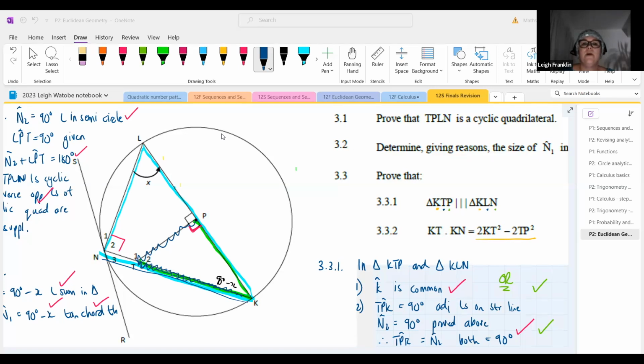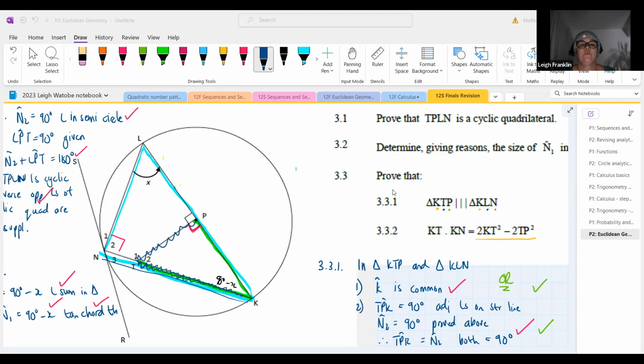All right, Swanaka. Let me give you a little hint. PK equals LP. Why? Exactly, because they are radii.